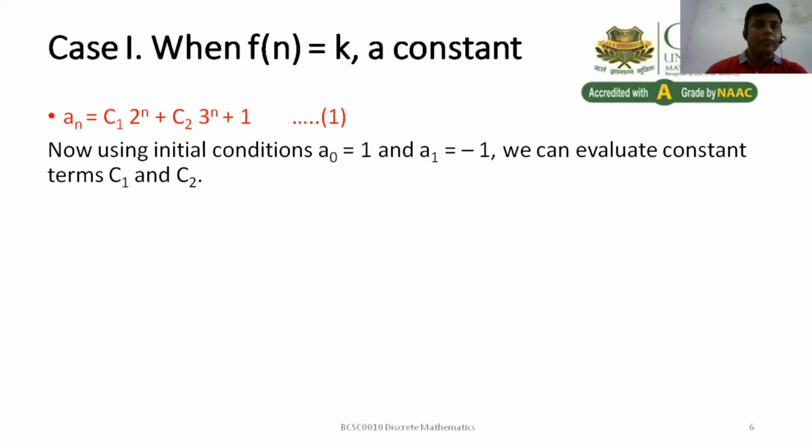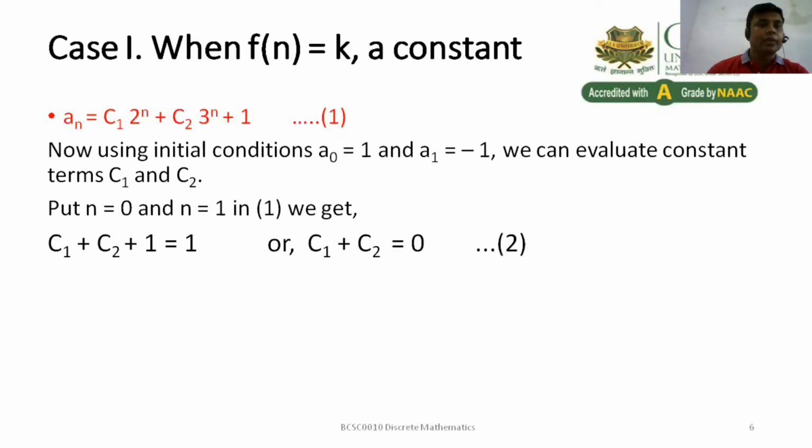Whenever we are putting n equals to 0, we get the value of a0 equals to 1. Here we are putting n equals to 0 in this equation 1. So therefore we will get c1 2 to power 0 plus c2 3 to power 0 plus 1, and that is equals to a0, it means 1.